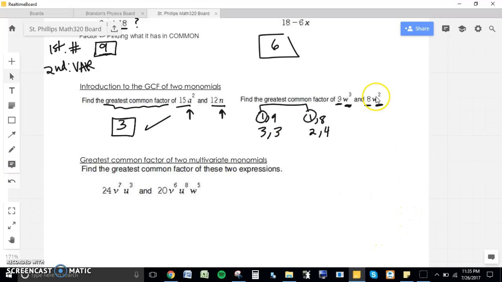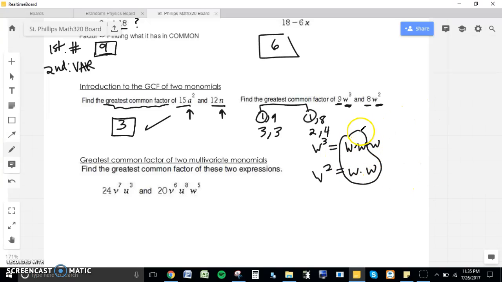Now let's apply it. When I see w cubed, I know that means multiply w 3 times. W times w times w. That's w cubed. And when I see w squared, I know that's w times w. So now when I ask you, what do they have in common, you should say, oh, they have 2 w's in common.